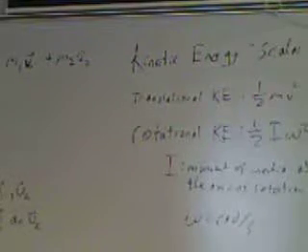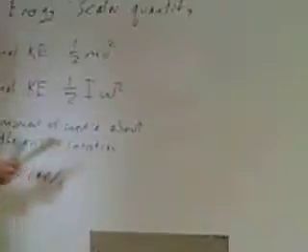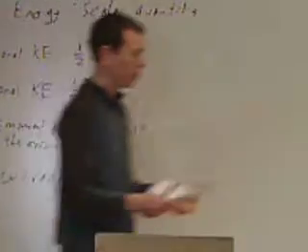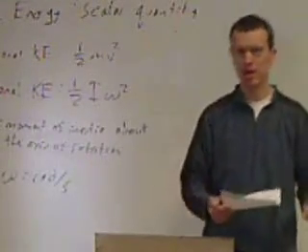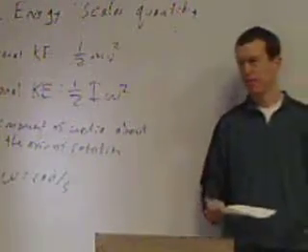Okay. So, with collisions, we have elastic collisions, we have inelastic, we have perfectly elastic collisions, which we will generally be talking about because it makes life so much easier.